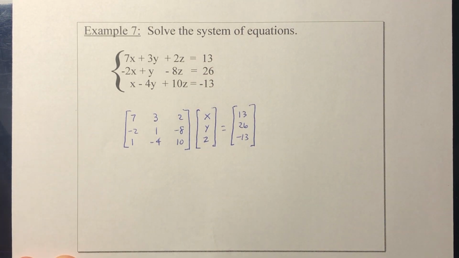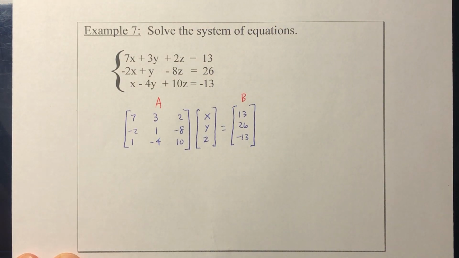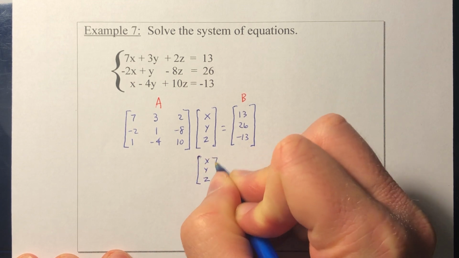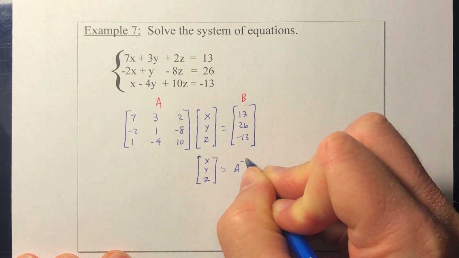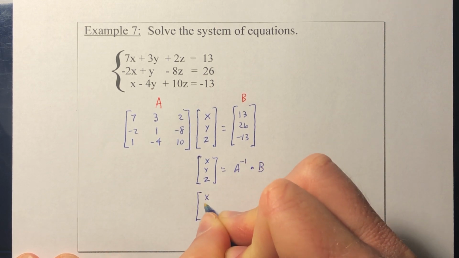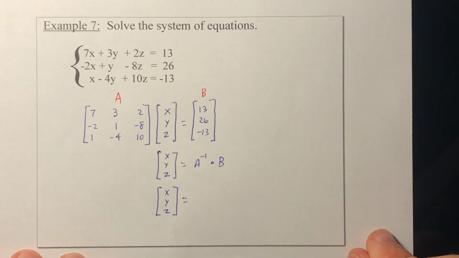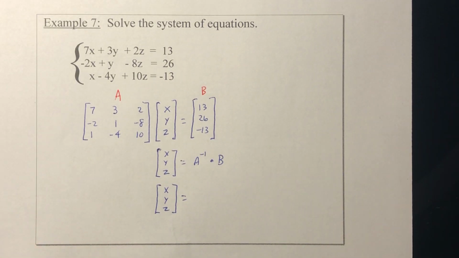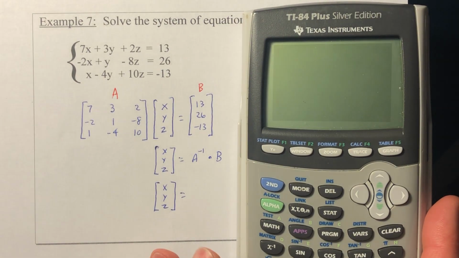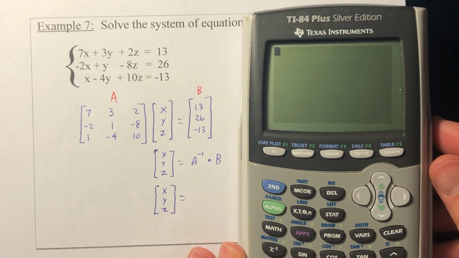Remember, this is matrix A, matrix B. In order to find this, we need to do the inverse of A times B. Here is how we're going to do such a thing. Our friend Ralph comes into play, so we've got to turn it on here.